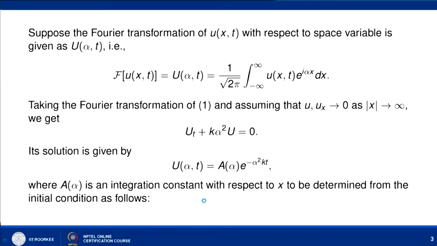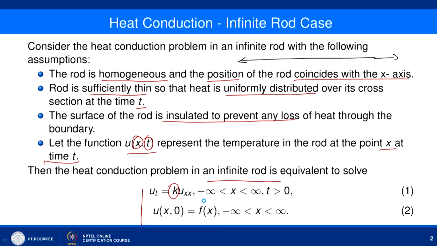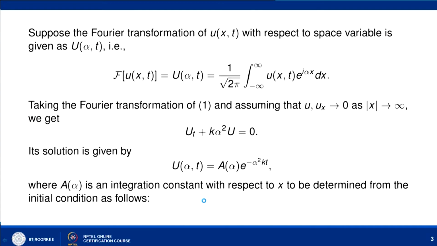Suppose the Fourier transform of u(x,t) with respect to the space variable is given as û(α,t). Here we are solving this one dimensional heat problem with the help of the Fourier transform. Since we have two variables x and t, we apply the Fourier transform with respect to the space variable, that is x.